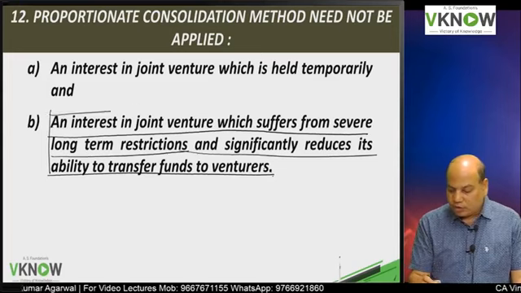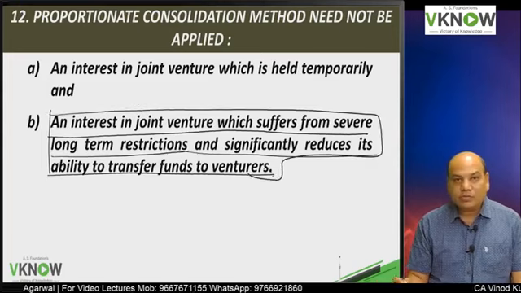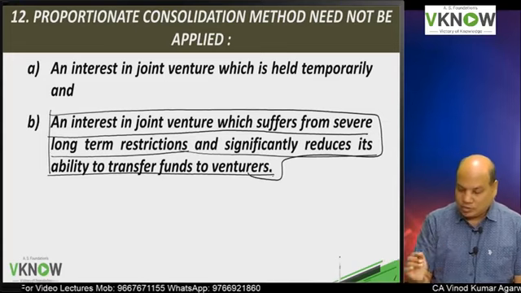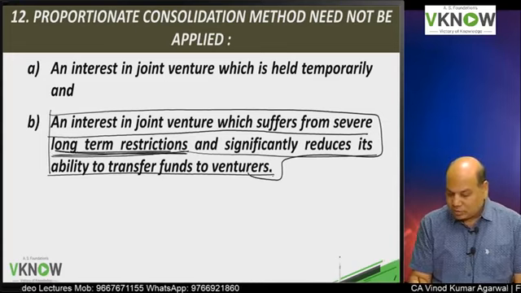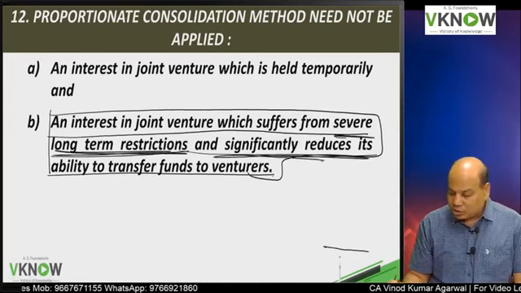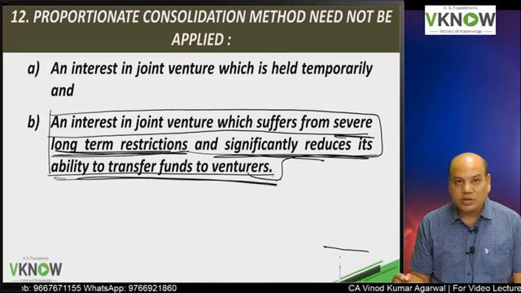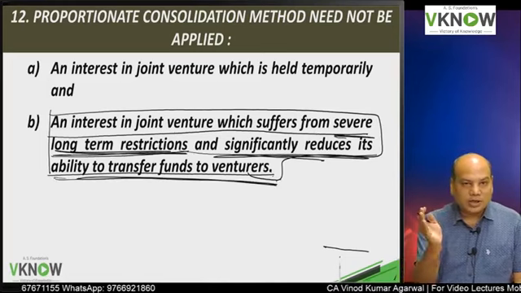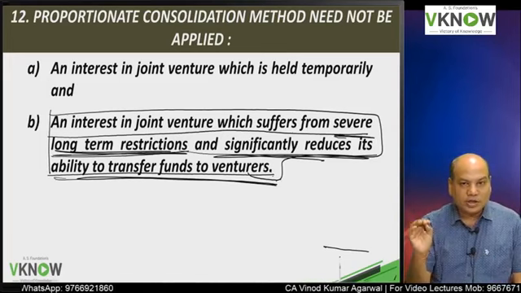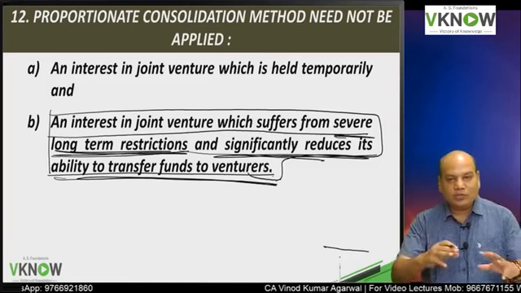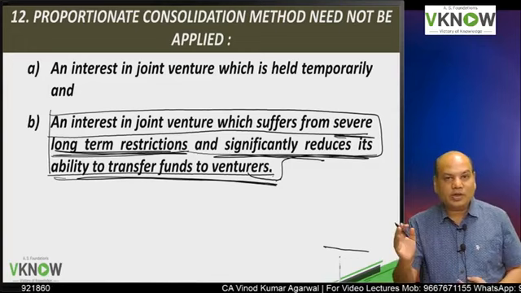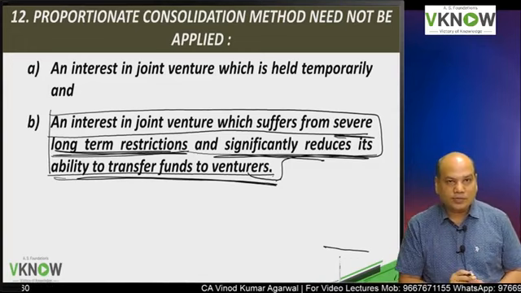Or second is when you have made an investment in a joint venture, but the joint venture has come under severe long-term restriction, and it is not able to transfer funds to the venturer. Example, I repeat, I had given in the earlier chapter also. You may have a joint venture in Afghanistan. Afghanistan is now controlled by the Taliban. The Taliban government has said no outflow of funds from Afghanistan.